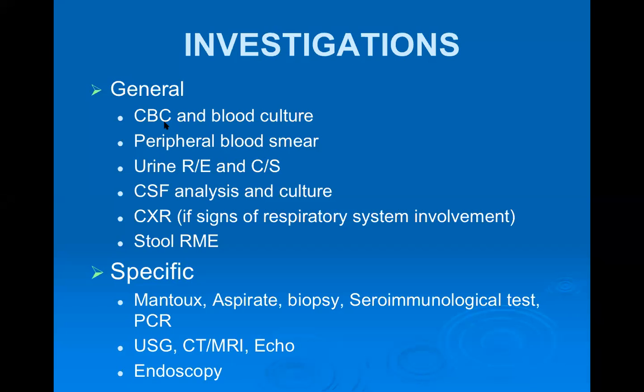Viral infection leads to lymphocytosis. If the total leukocyte count is normal or slightly elevated and eosinophilia is present, this may be a case of parasitic infection or allergic disease. So these are the important points in CBC.